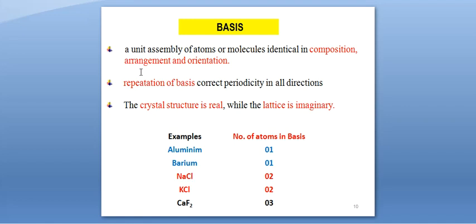The repetition of the basis gives periodicity in all directions. The crystal structure is real while the lattice is imaginary. Lattice points are imaginary points which represent the position of atoms. This lattice and basis give the actual crystal structure.